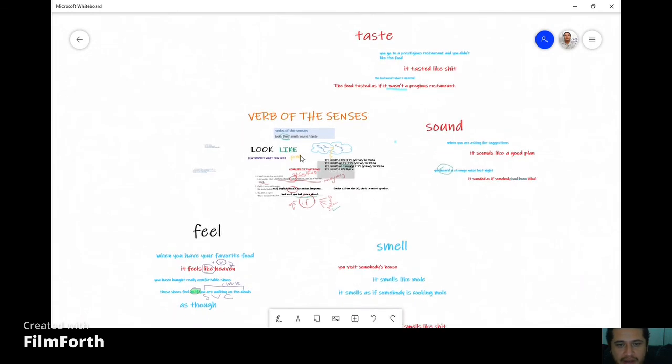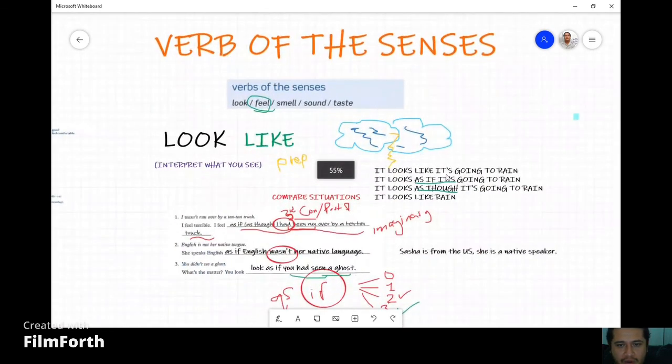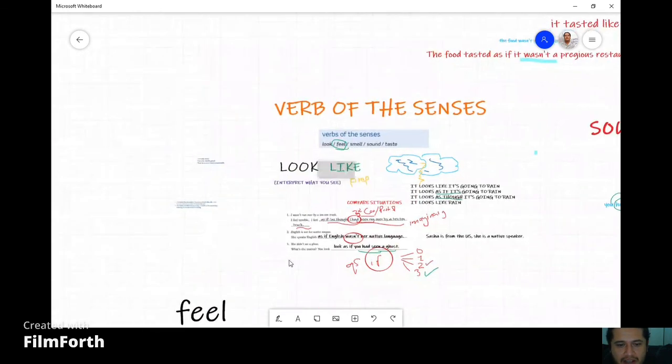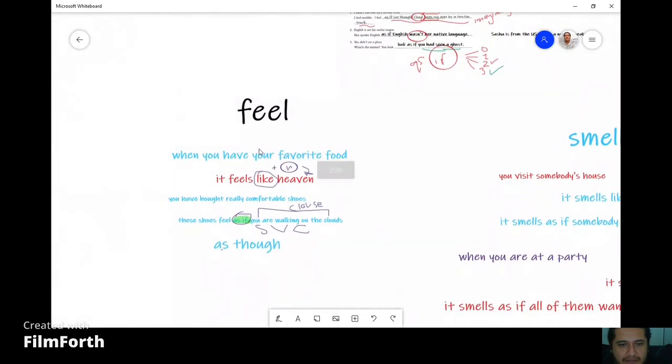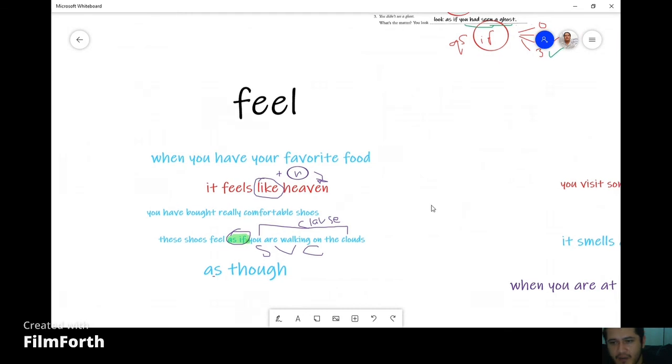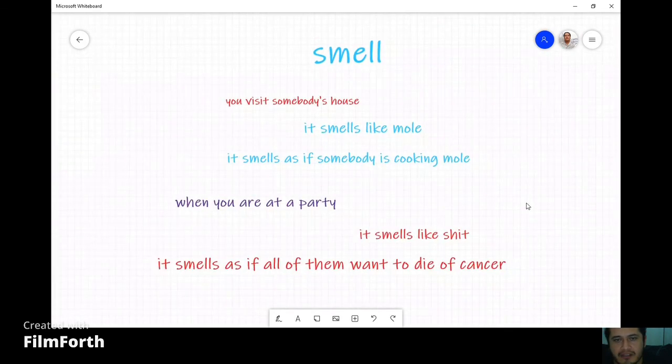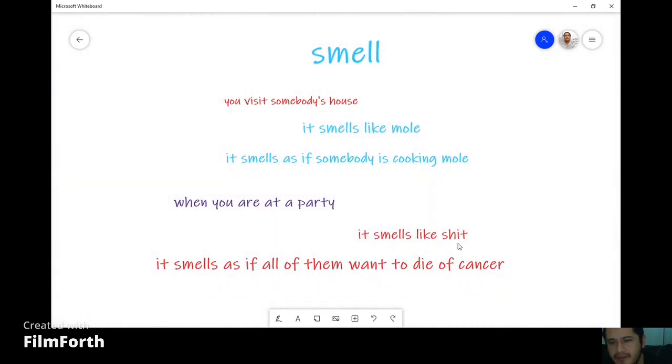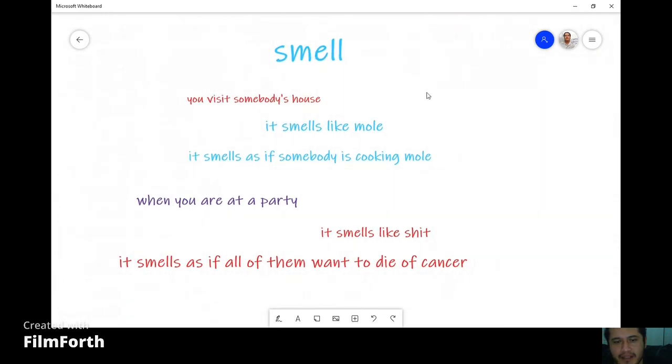All right, we started with look like, or look as if. Then we moved into feel, then smell, comparing something with smell.